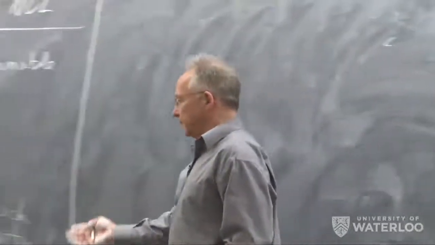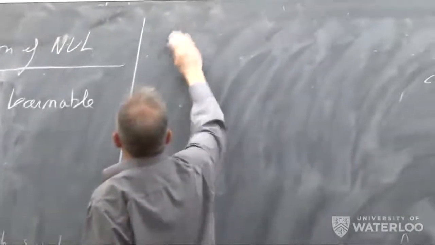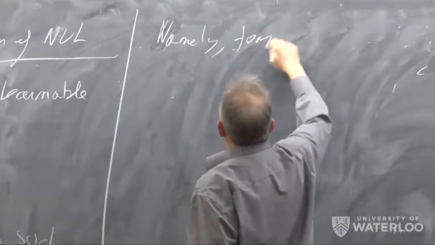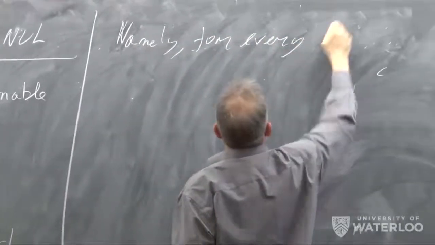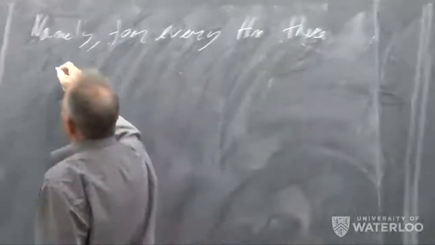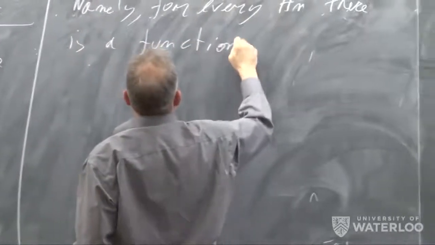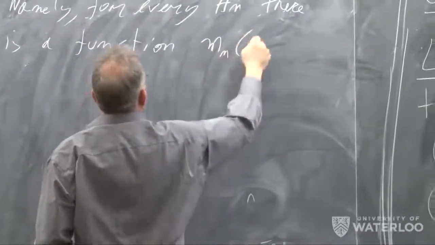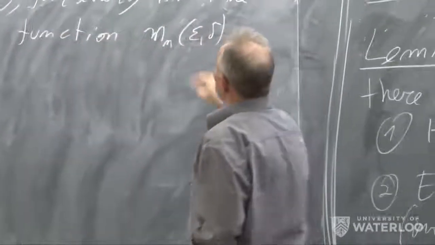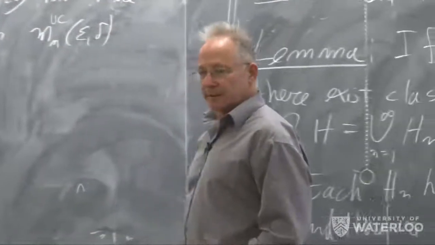So what is the uniform convergence property? It means that for every Hn, there is a function. Let's call it Mn of epsilon delta. This is the uniform convergence function. What does it say?